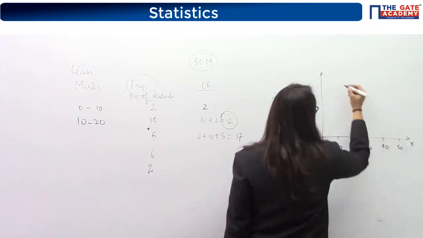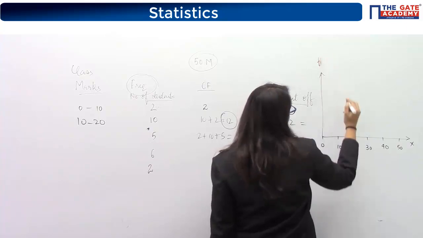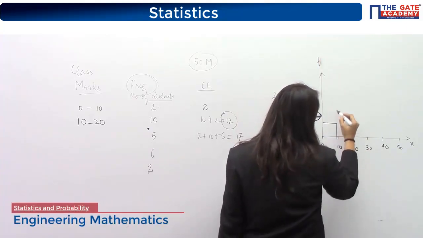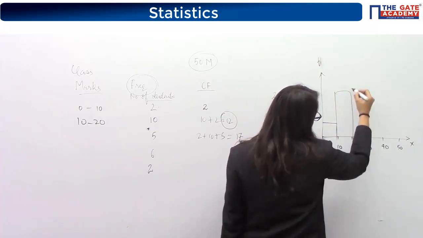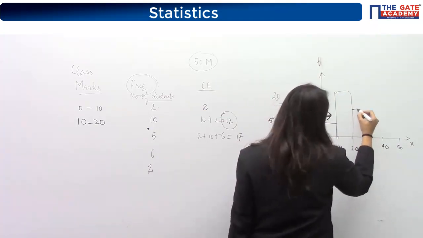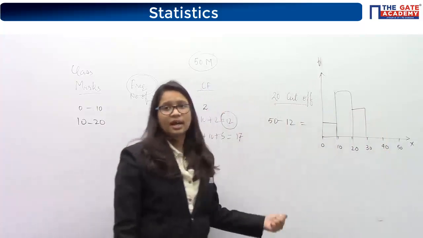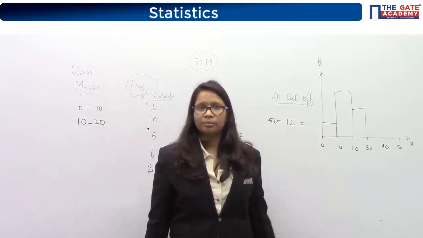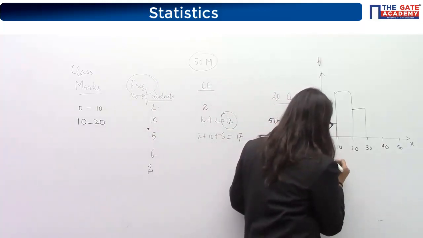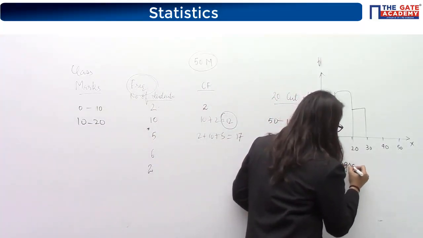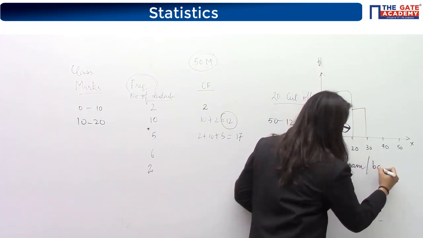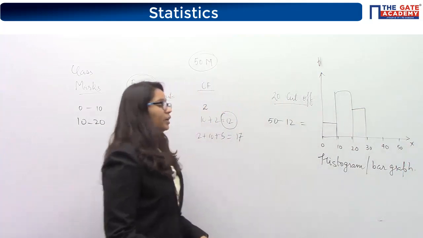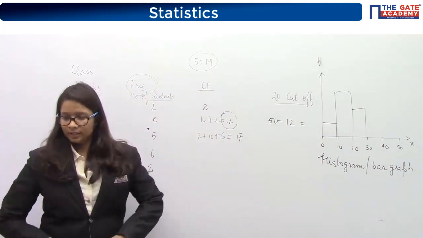If I denote this as x and this as frequency, then for 0 to 10 it will be 2, for 10 to 20 it will be some 10, and so on. You will be drawing some graphs like this. This kind of representation is the graphical representation, and it is known as histogram or bar graph.